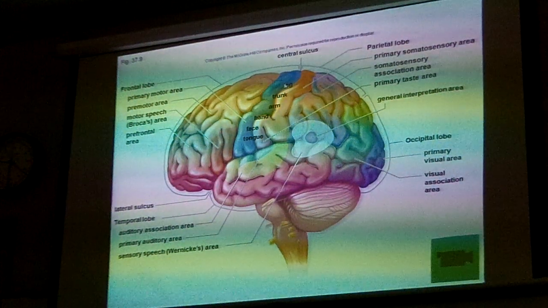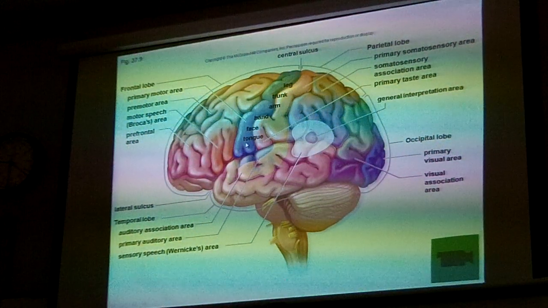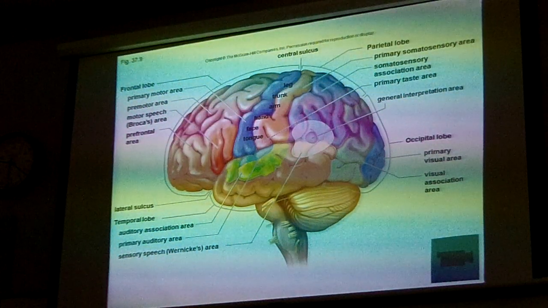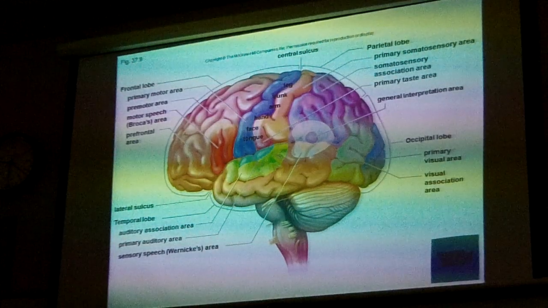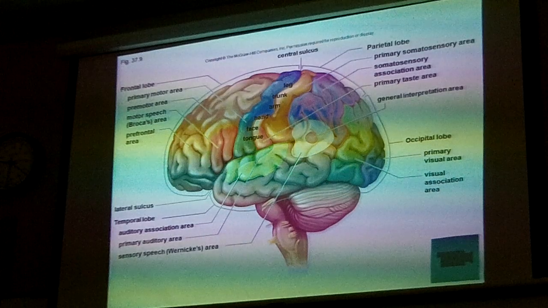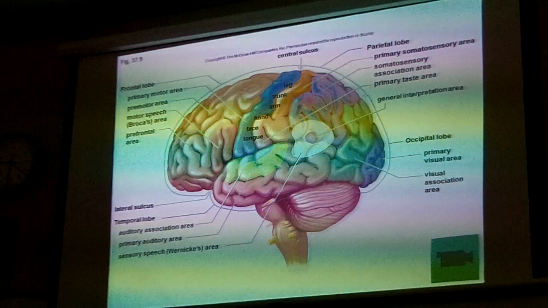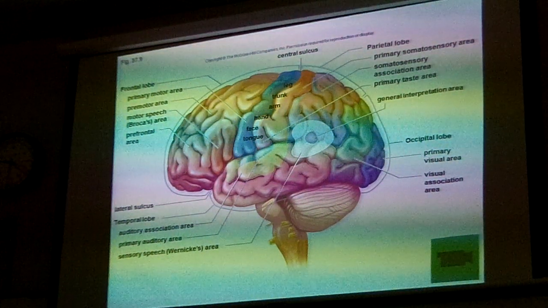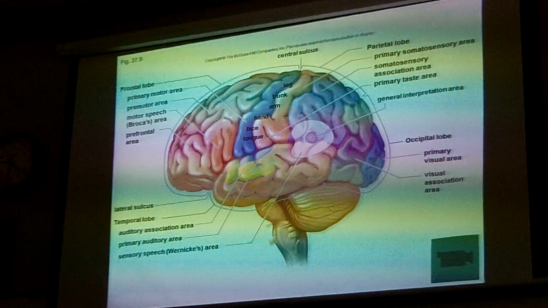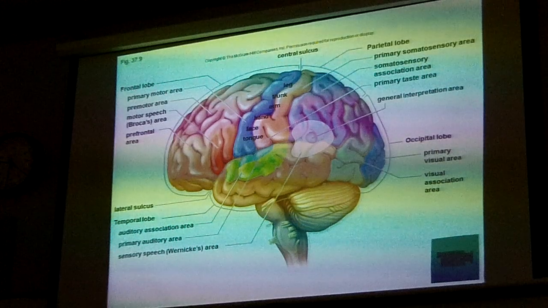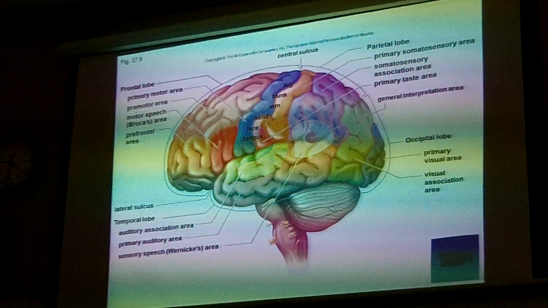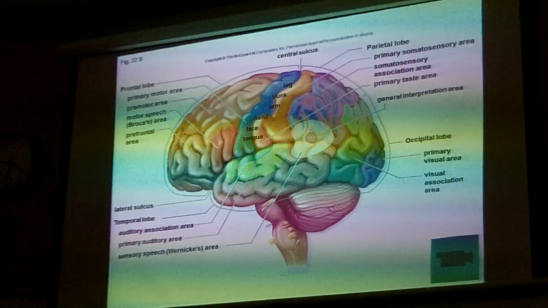Is there any possible way that you can avoid strokes? Avoid having high blood pressure. What usually happens is people get high blood pressure, and the extra pressure in those vessels busts them open. It's like trying to put too much water in a water balloon. It breaks open. So to avoid high blood pressure, you avoid a lot of salt, you stay trim, you exercise a lot, and you don't eat a lot of fat.